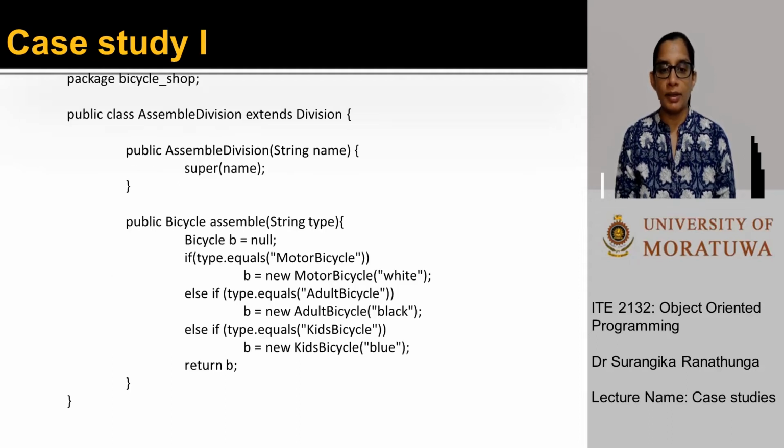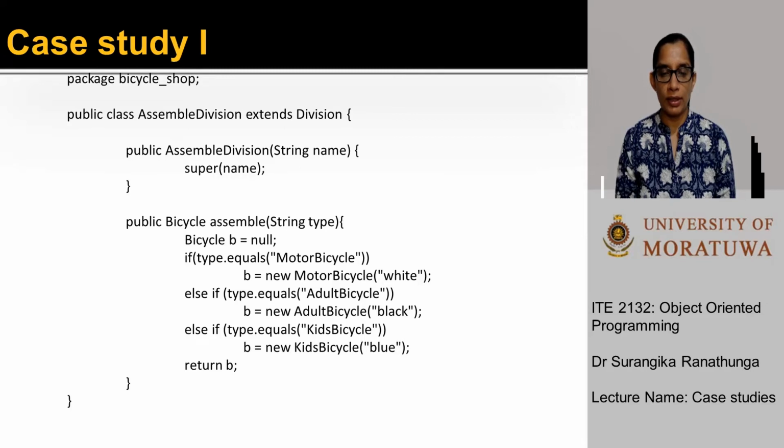And here's the assemble division, which extends the division, which means the assemble division is a subclass of the division superclass. Because of that, the name is set through the super keyword, where the value is set by the division superclass constructor. What the user specifies is the name of the bike type as a string.